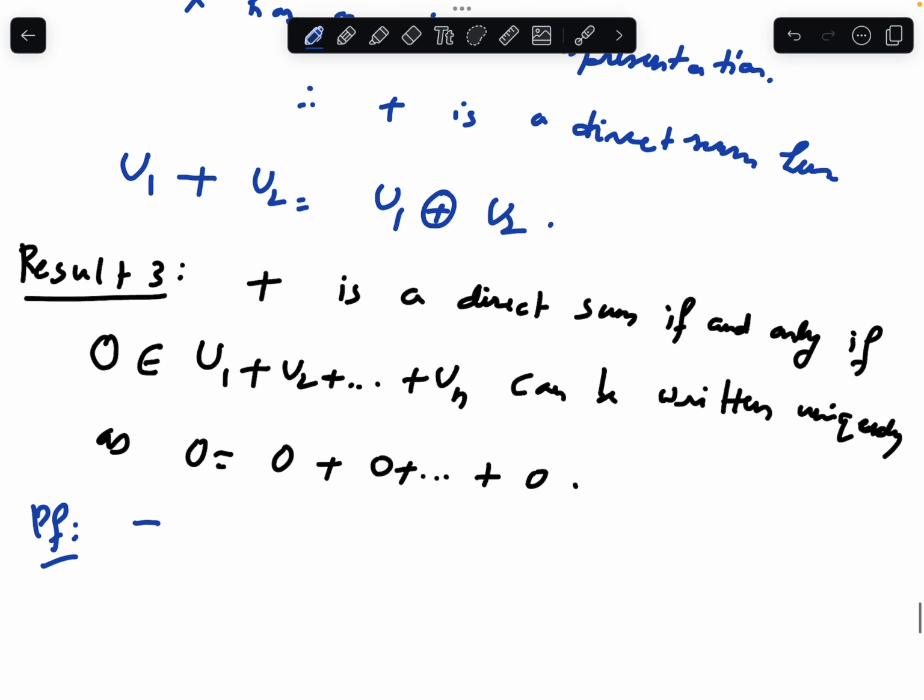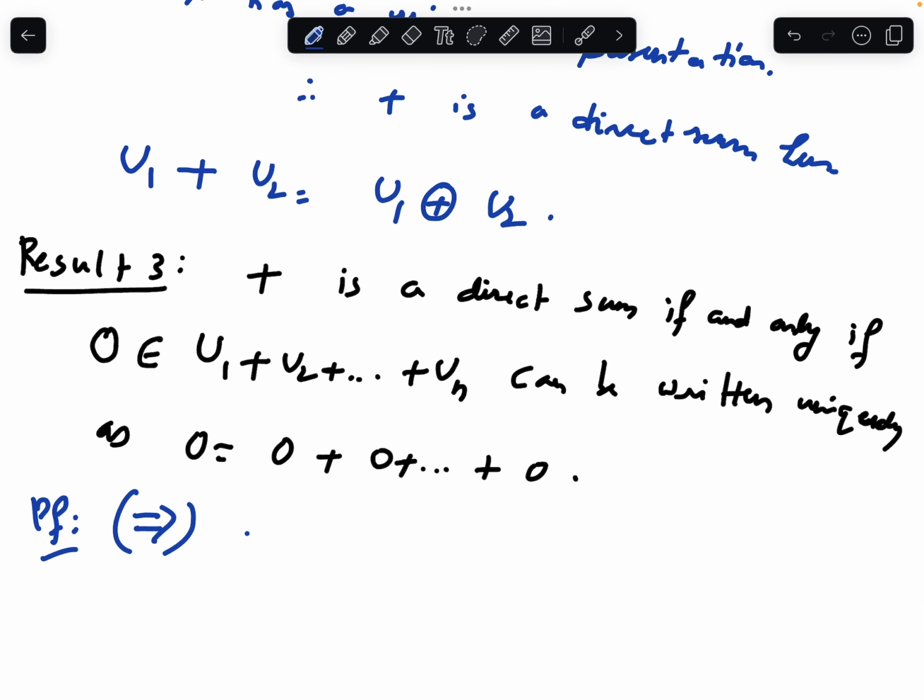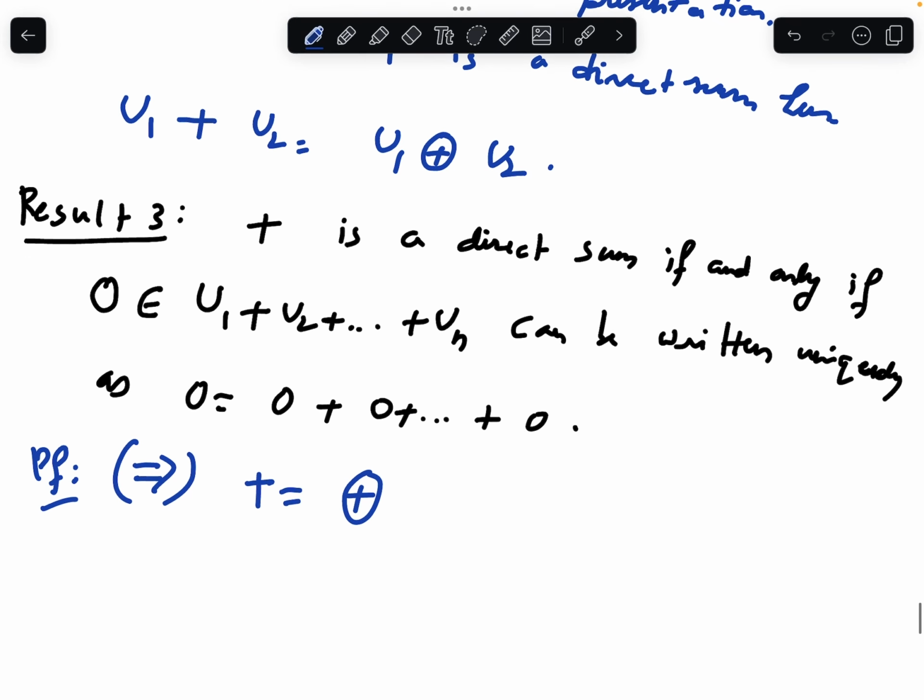So let's prove this direction. That is, assume that the sum is actually a direct sum here. Now, by definition of direct sum, 0 can be written only like this, right? So we can write 0 like this. This 0 belongs to U1, this 0 belongs to U2, this 0 belongs to Un.